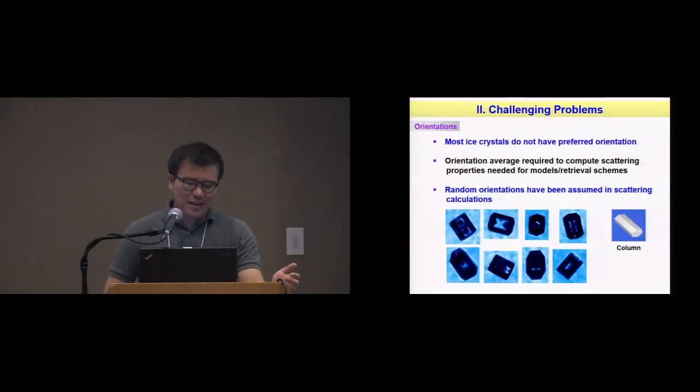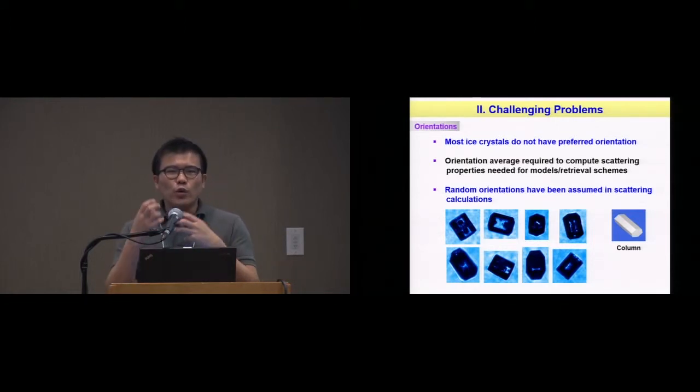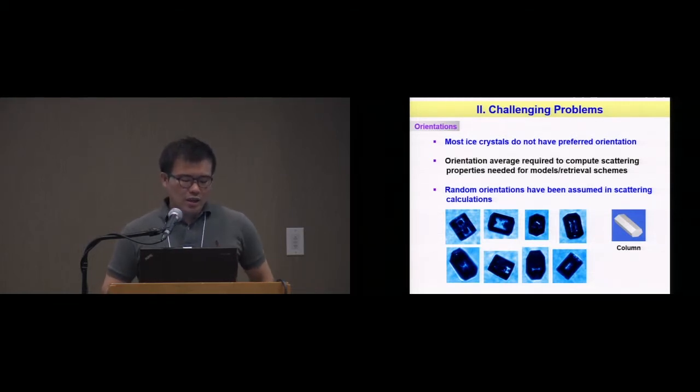Next problem is the orientation. Most ice crystals do not have a preferred orientation. So we need to calculate this orientation average to get the mean scattering properties. So we commonly assume the random orientations.